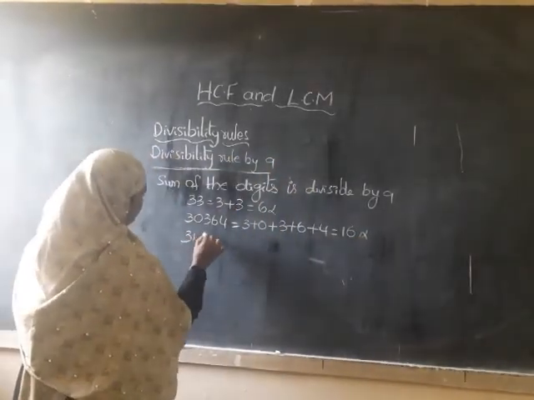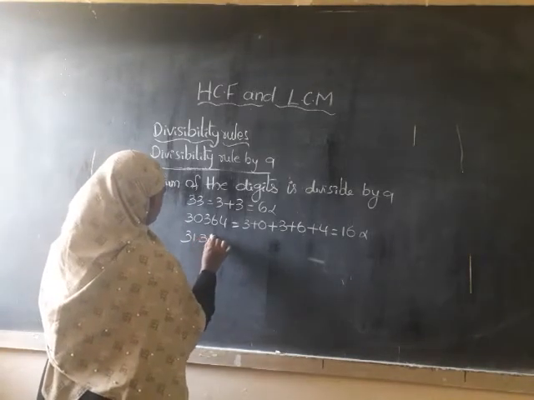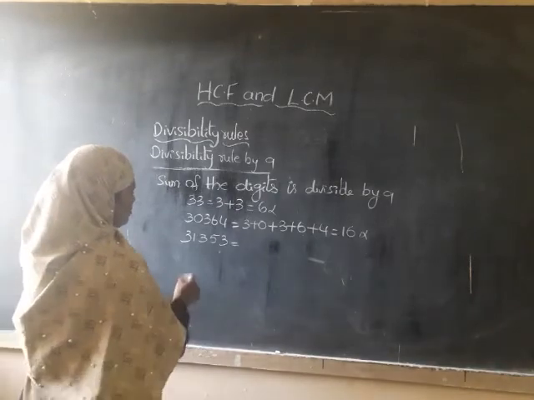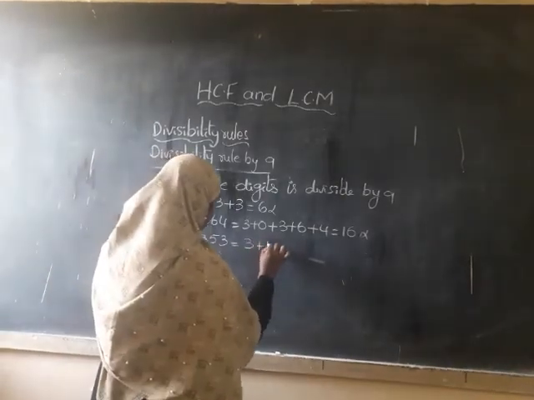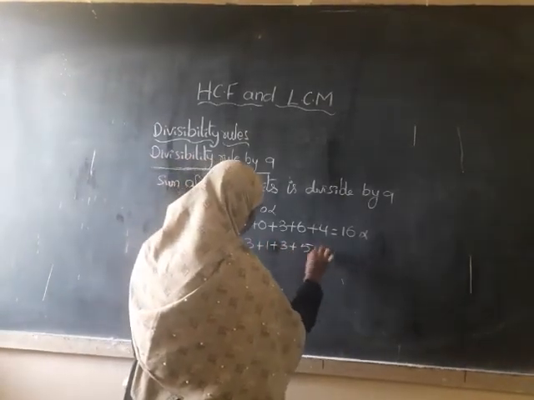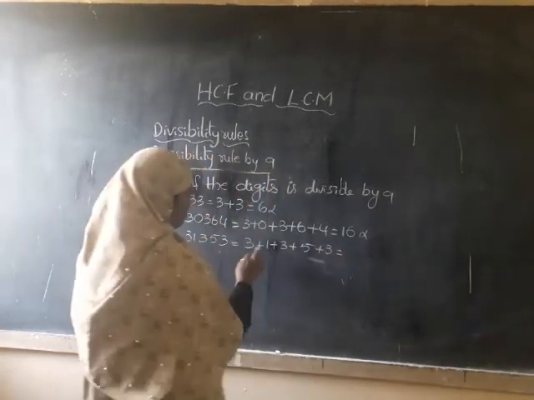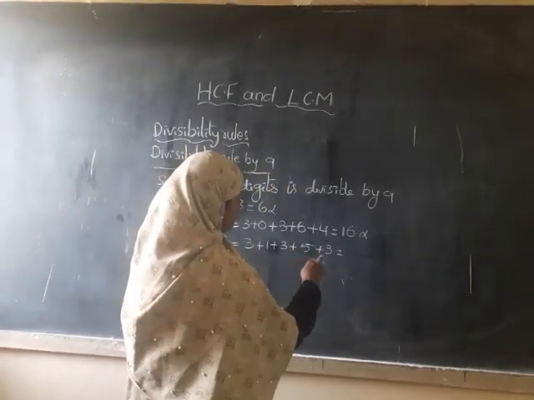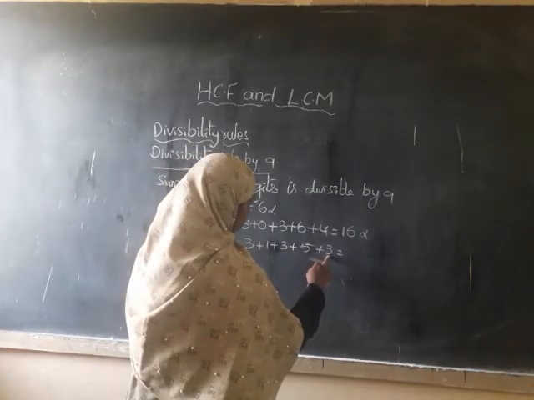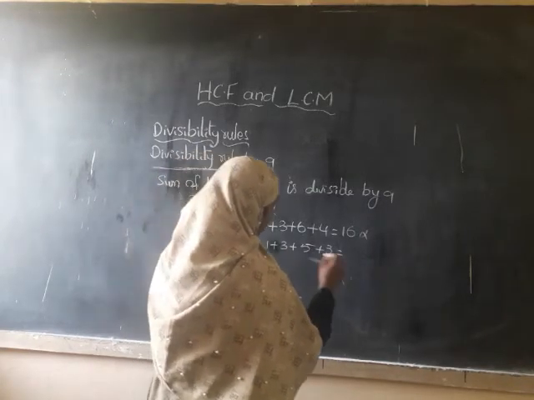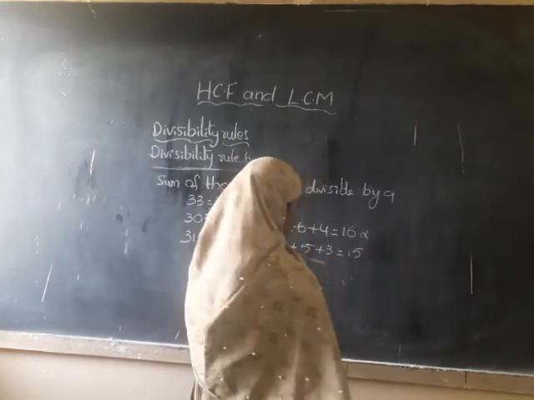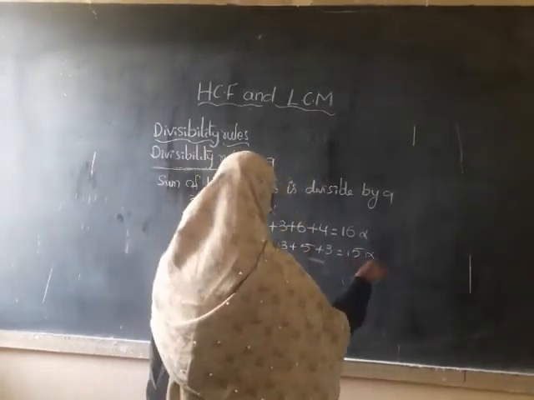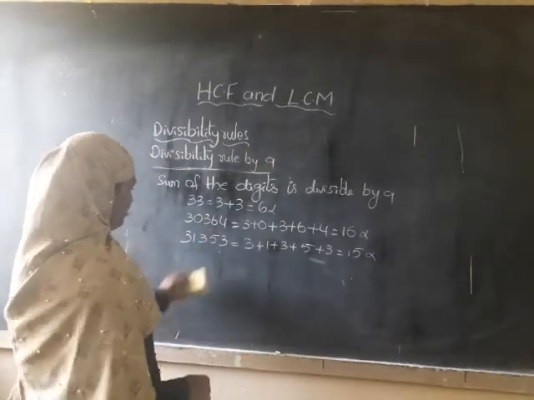Now say 3 plus 1 plus 3 plus 5 plus 3. So 3 plus 1 is 4, plus 3 is 7, plus 3 is 10, plus 5 is 15. Is there 15 in the 9 table? No. So it is not divisible by 9.